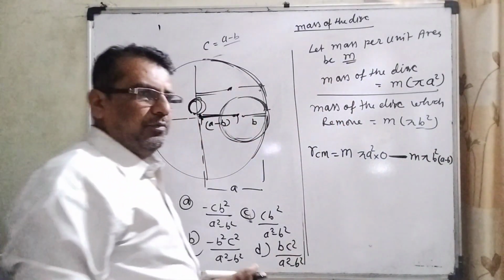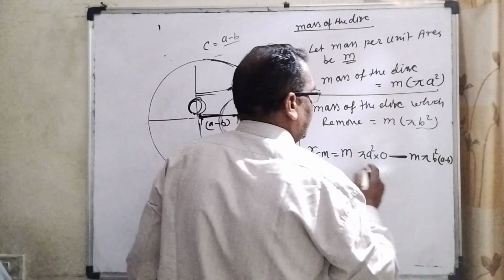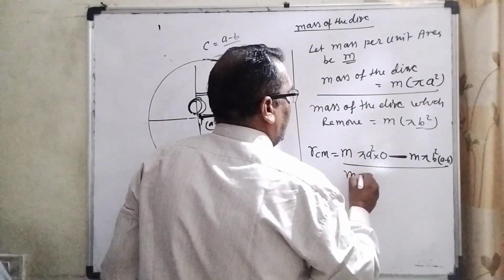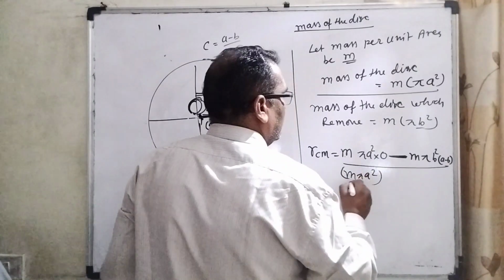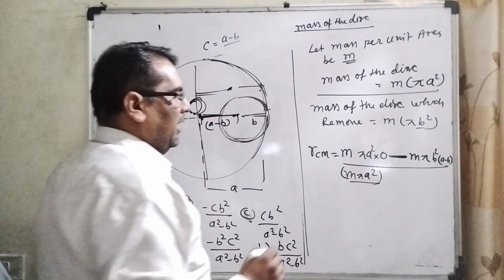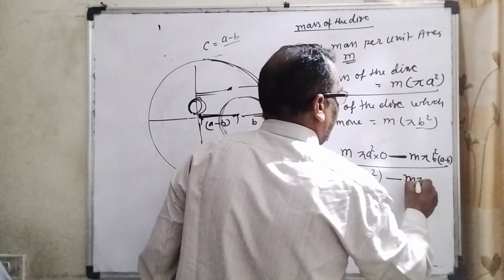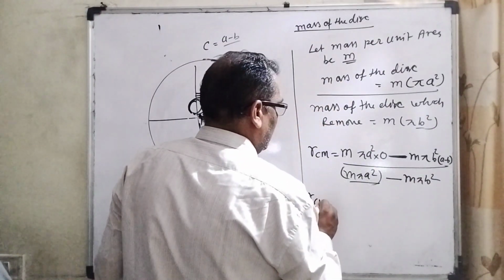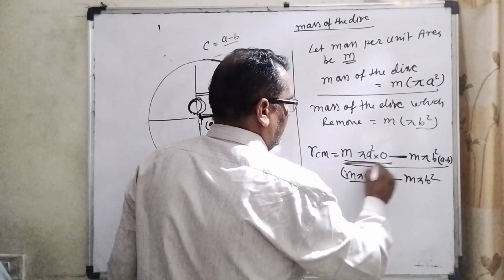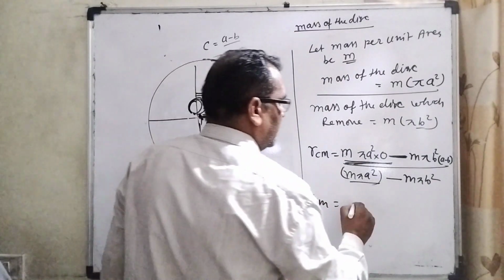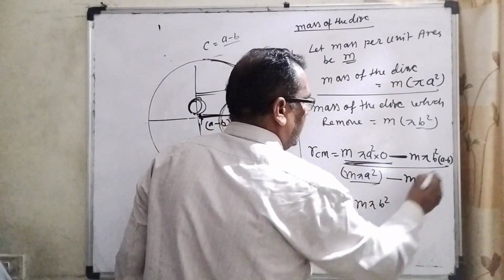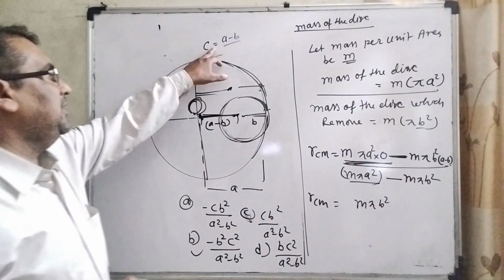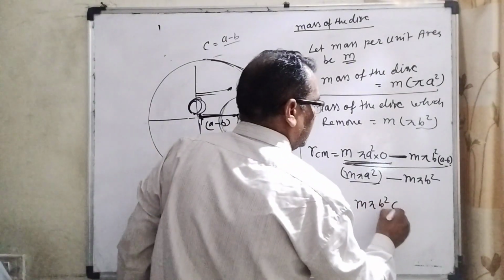Next step, I'll put here the C. The original mass of the disk is m pi a square, and the mass removed is m pi b square. Then this becomes 0, because it is multiplied by 0, minus m pi b square. In place of a minus b, it can be written as C, because it is given.